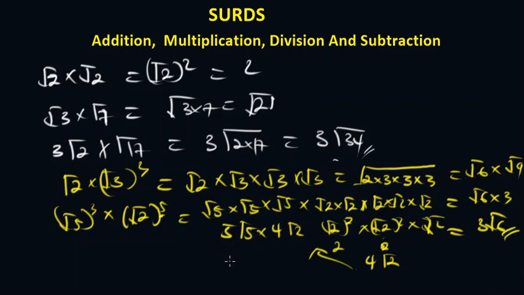So this and this will multiply, so we'll have 5 times 4 root 5 times 2. So this and this will multiply, and then this one too. Sorry, there's a root. Okay, I didn't write it. So this and this multiplying, and then this and this also multiplying.